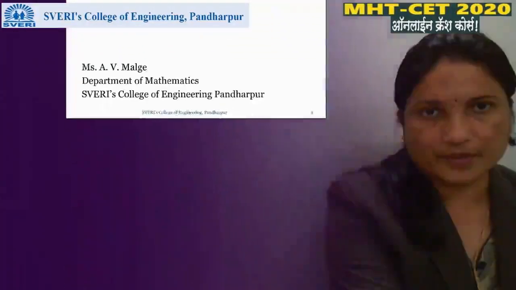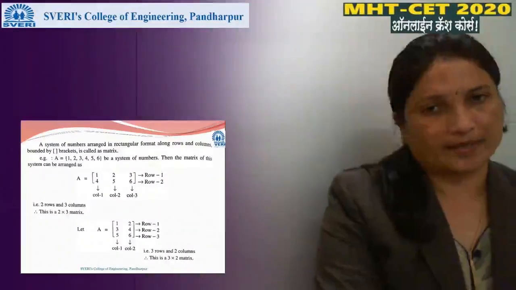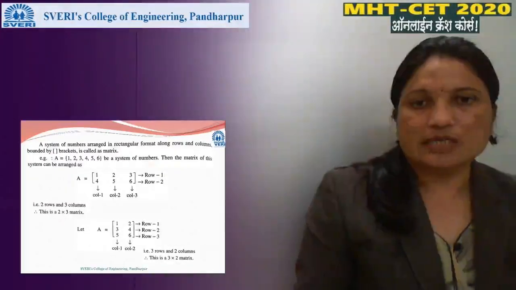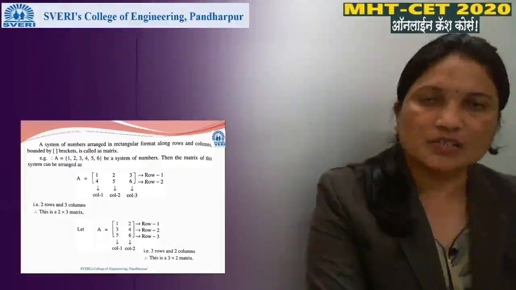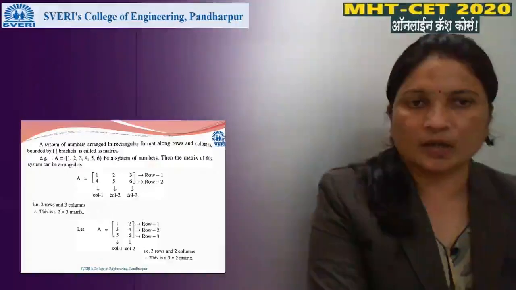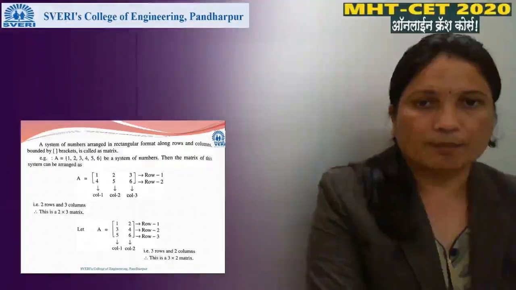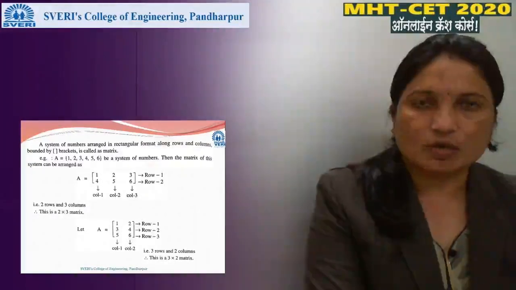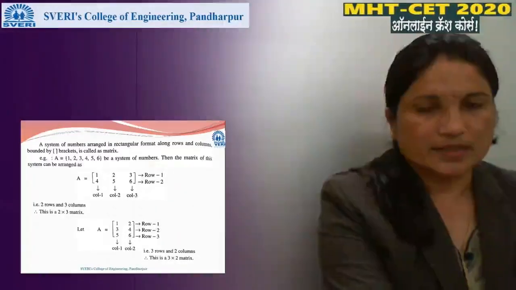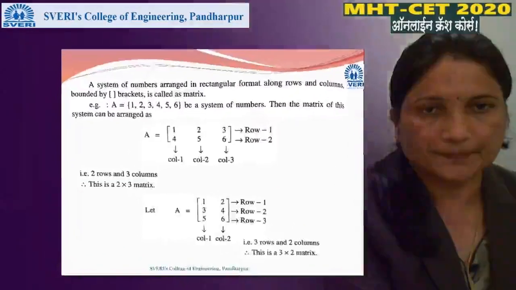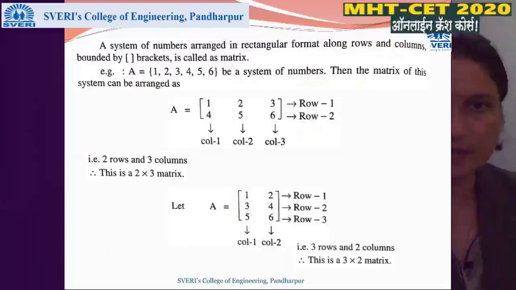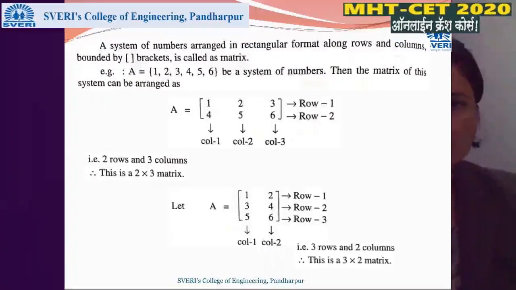So let us see first the definition of matrices. A system of numbers arranged in a rectangular format along rows and columns bounded by a bracket is called a matrix.